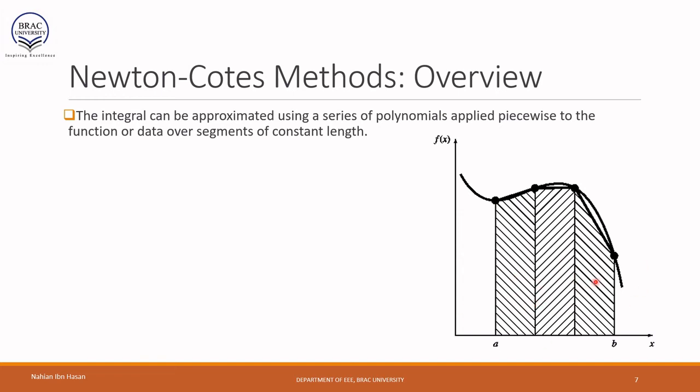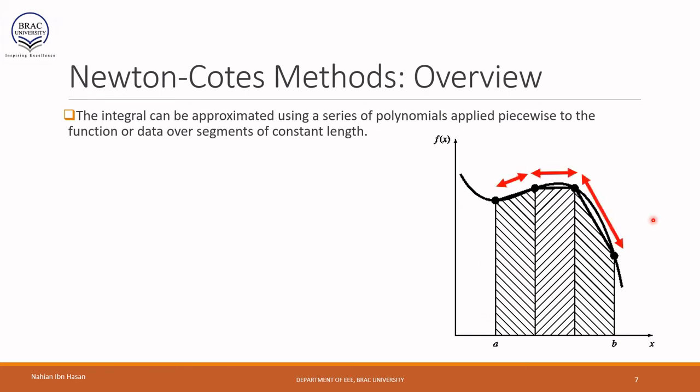Say we have 3 segments here, and each of these segments has a similar width, although they have different heights. That's the basic theme of Newton-Cotes methods. So what we are going to do is find the area of each of these segments and sum over all of these areas to get the total integration area as well as the integration value.